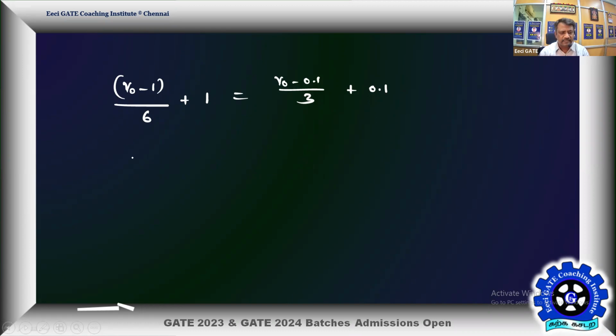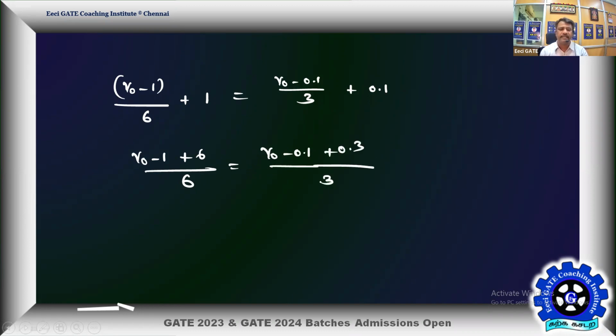So then what we get as a resultant? I can take this as V0 minus 1 plus 6 divided by 6. Right hand side, V0 minus 0.1 divided by, so it is going to be plus 0.3 divided by 3. After taking LCM, V0 minus 0.1, so 3 into 0.1, it is 0.3.